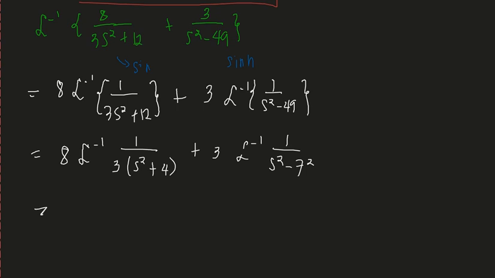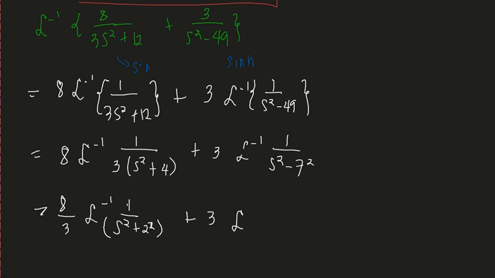So now, factor out kaliwat. So this will be equal to 8 all over, factor out ko ang 3. So inverse Laplace transform of 1 all over s squared plus 2 squared plus 3.